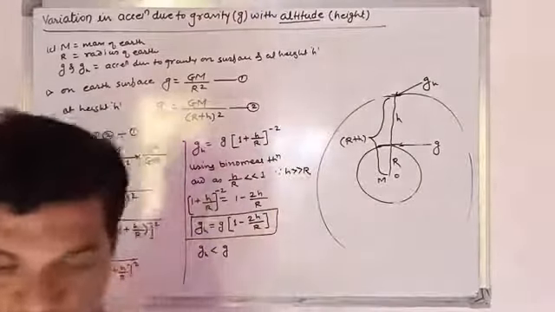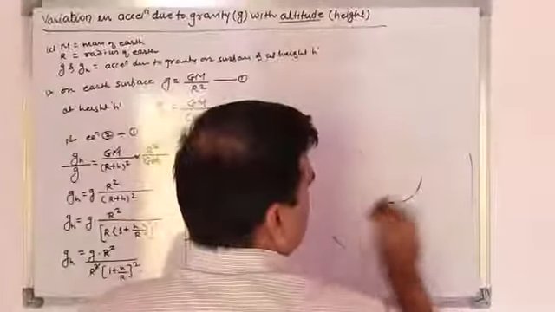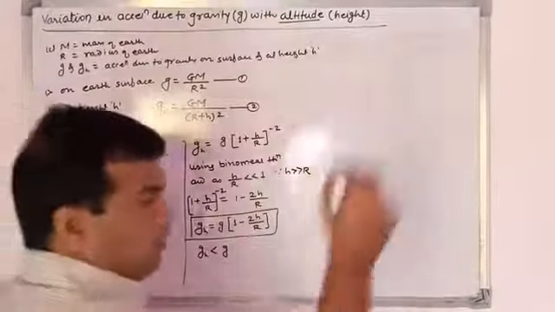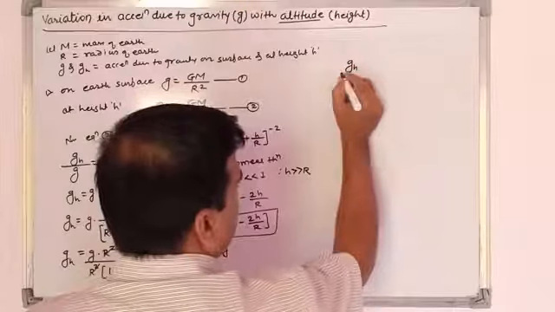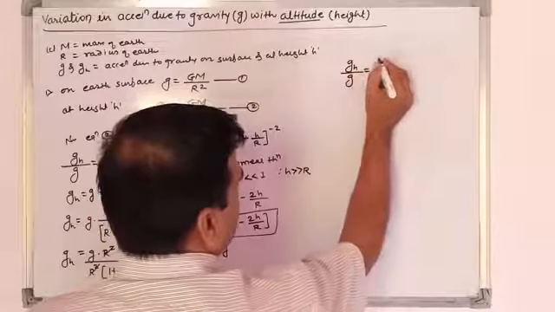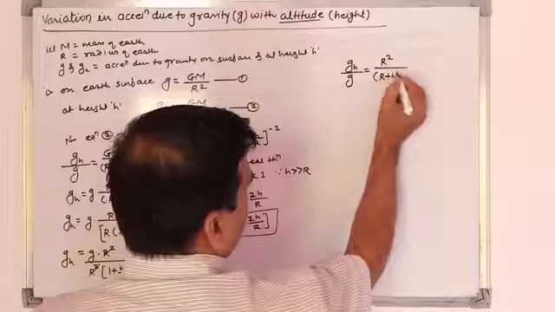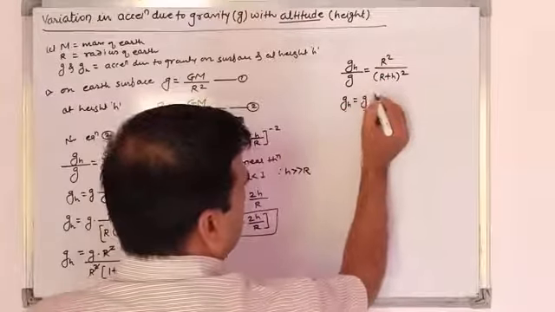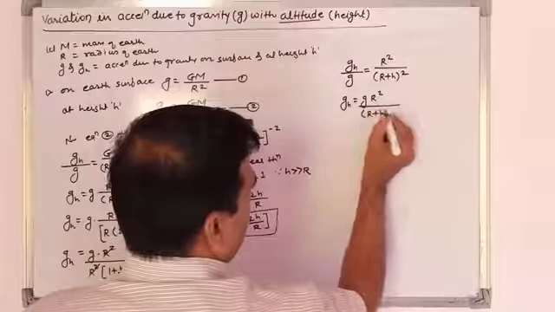So we can write the formulas to determine the acceleration due to gravity at different altitudes. If h is not much smaller as compared to R, then g_h upon g is equal to R square upon (R plus h) whole square. It means that g_h is equal to g into R square upon (R plus h) whole square.